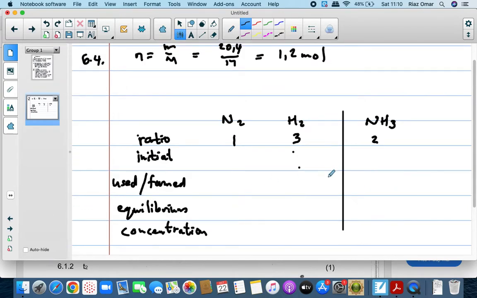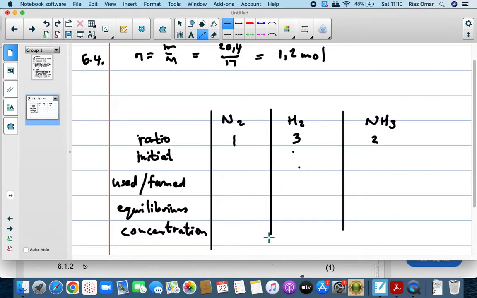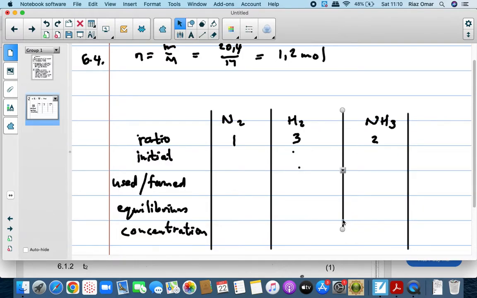Okay, my table went in a mess. I don't know if I must make another. Let's just see if I can salvage it somehow. Oops, that's a bit of a mess. So you draw a nice table, not like mine. And you can work it out.